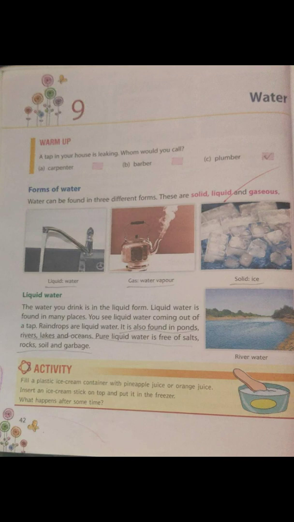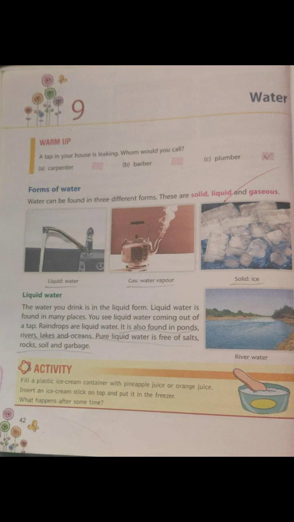We have learned about forms of water, and water can be found in 3 different forms. These are solid, liquid and gas. Examples of the solid form of water are ice and ice candy, right?